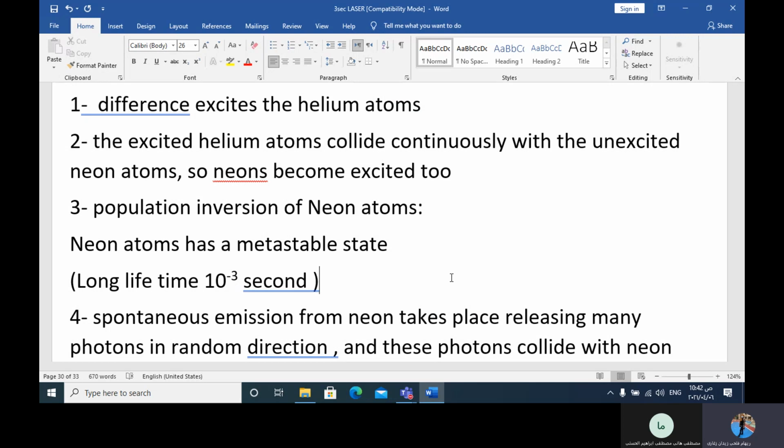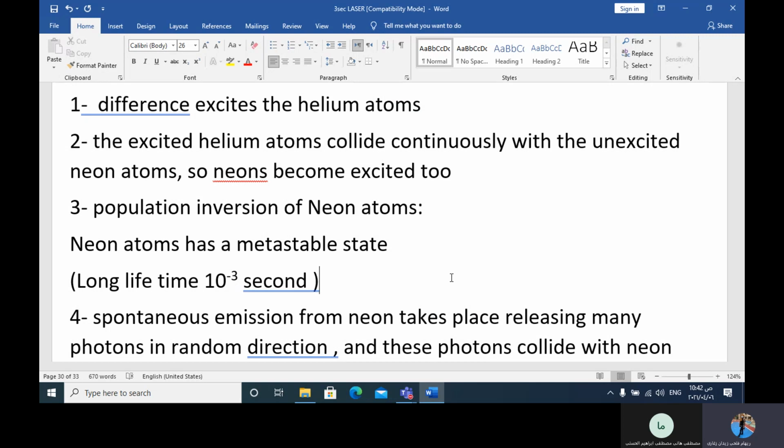And this kind of hitting will happen before they finish their lifetime. And if this happened, from the previous lesson we know that the atom will be stimulated to radiate photons, because stimulation means that the atom will radiate the photons before the end of its lifetime.